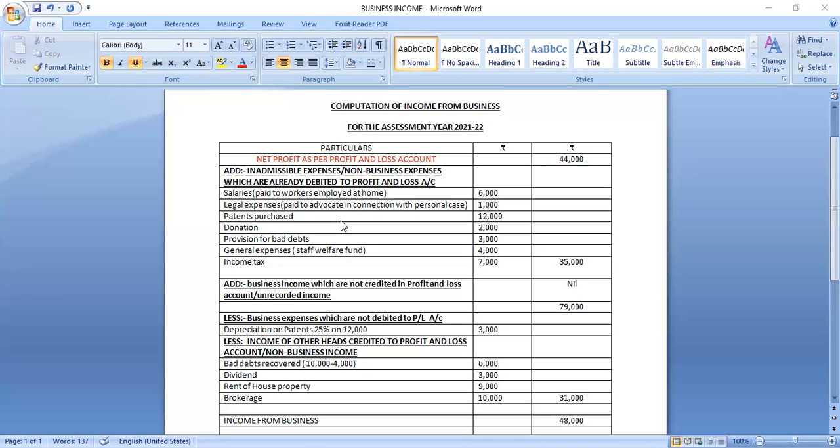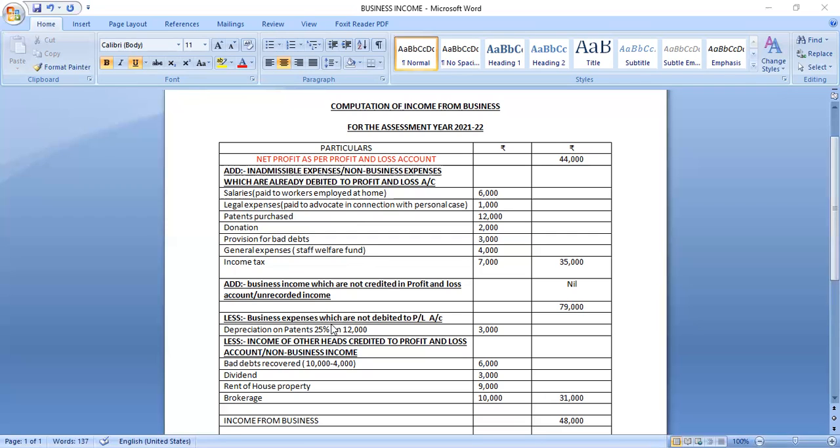All capitalized expenditure you cannot take as a business expense. So we are not allowing patents purchase as a business expense, because you can claim depreciation in step 3. Here you can claim depreciation in step 3.